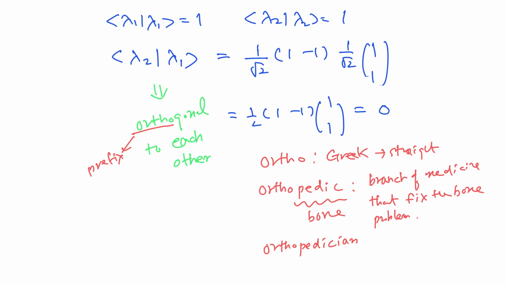So from this, another branch of medicine is pediatrician. Pediatric is called 소아과 because young kids easy to break their bones, right? And the doctor means pediatrician.